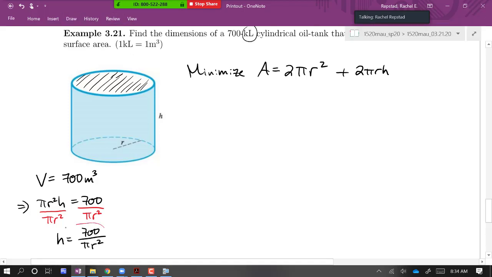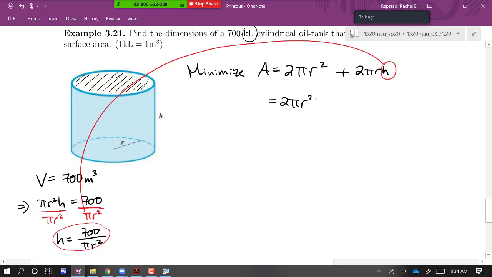I'm going to take this expression, substitute it in up there. Now I have not taken the derivative yet, right? So this is still just the area.